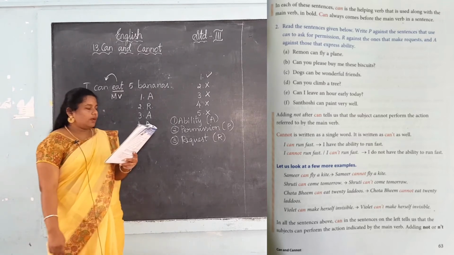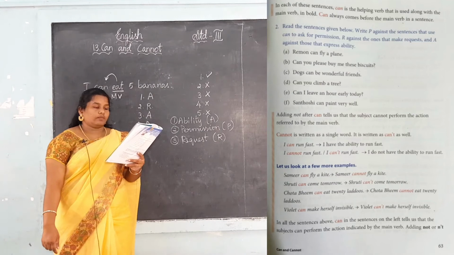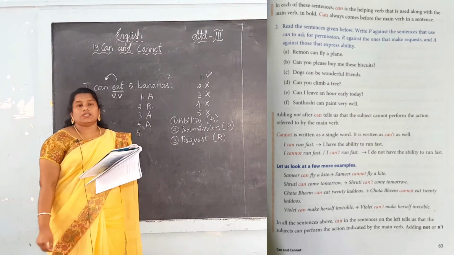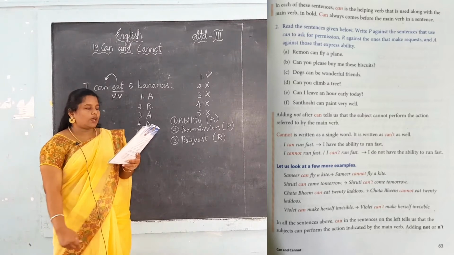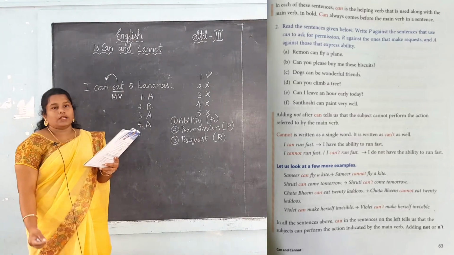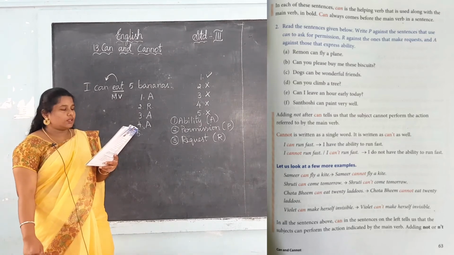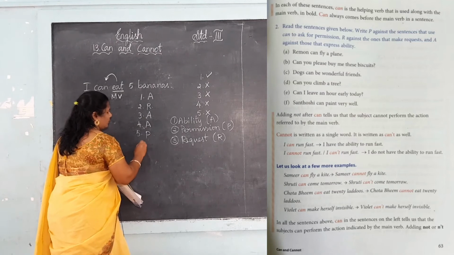Okay, next one, can I leave an hour early today? Here permission is being asked. See, நான் இன்னைக்கு கொஞ்சம் சீக்கிரமாக வெளியே போட்டா, ஒரு மணி நேரத்துக்கு முன்னாடி வெளியே நான் லீவ் பண்ணட்டா அந்த இடத்த விட்டு அப்படின்னு கேட்குறது. So it is permission. For that we want to put P.